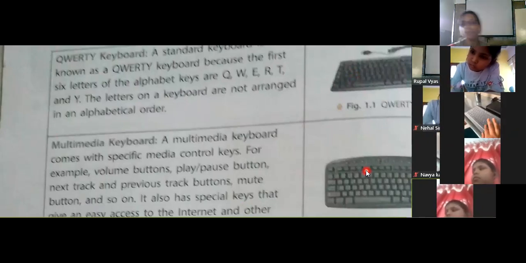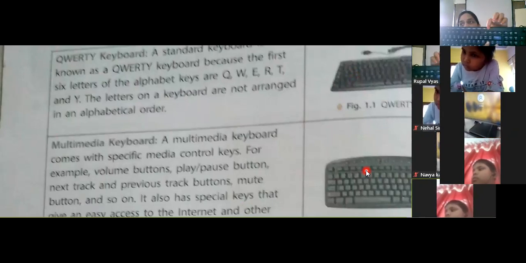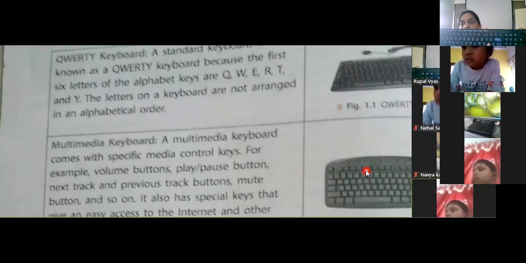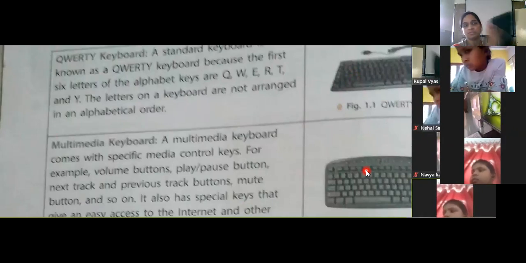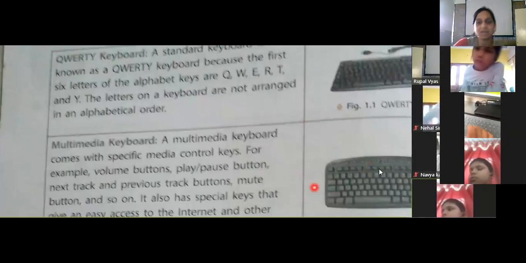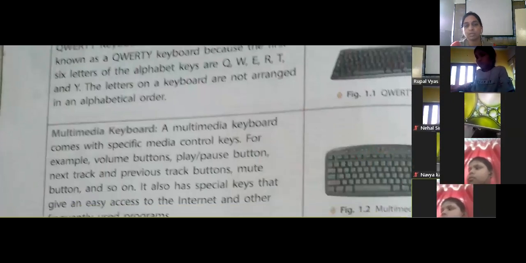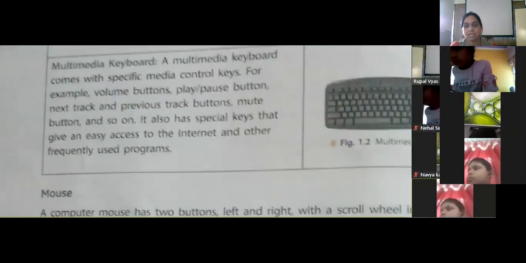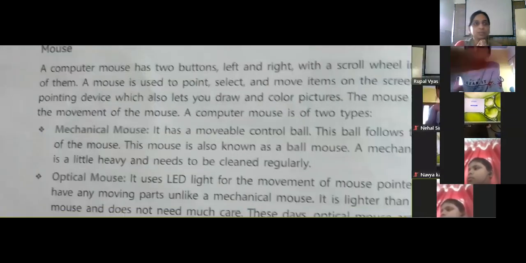The only difference between QWERTY and multimedia is these buttons. Otherwise, both are the same and do the same work. But with the multimedia keyboard, we have some extra keys like this, to increase the volume, decrease the volume, and control the multimedia device. So this is the very first input device.